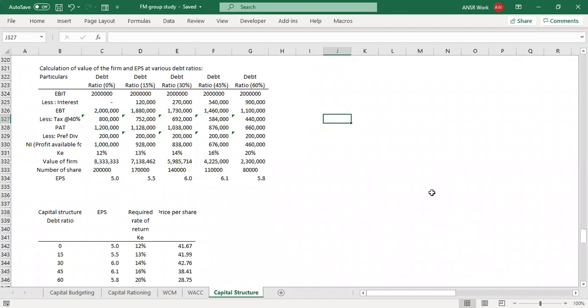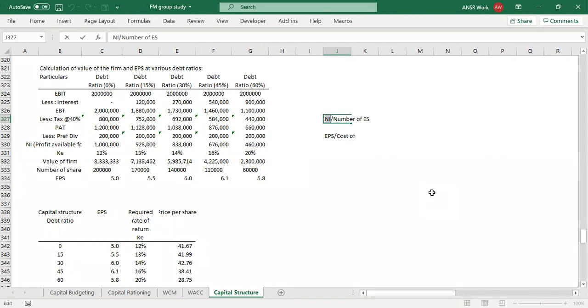We can join back. Now, in one way, what we did was net income divided by number of equity shares, right? Now, in other way, we are doing EPS divided by cost of equity.